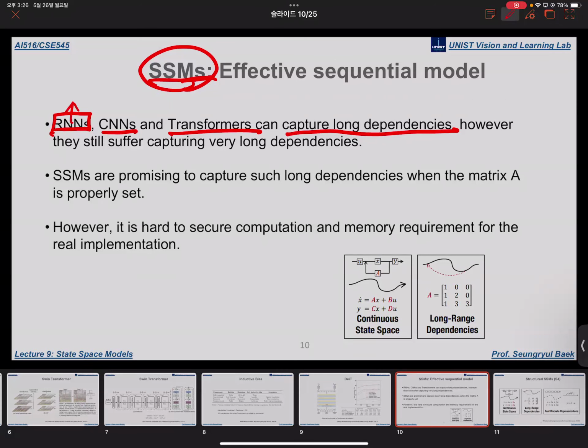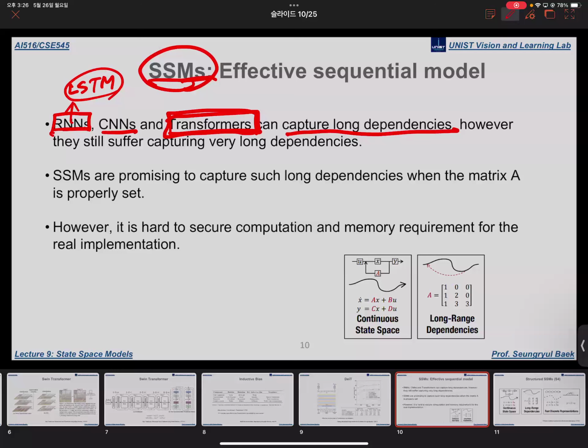So there have been LSTMs. They explicitly control which information to forget or which information to accumulate. And the transformer is so far the best architecture that can capture long dependencies between the inputs.